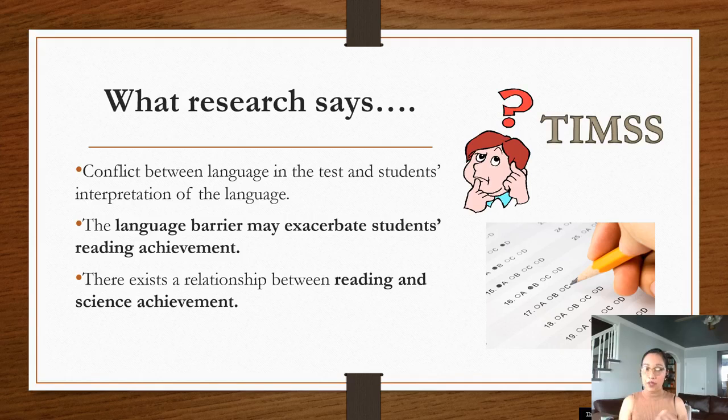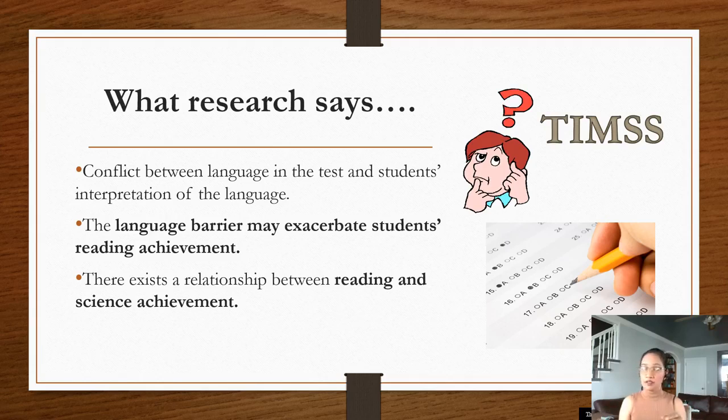And it is okay, because what I'm thinking is that it could be, going back to this research that says there's a conflict between the language in the test and the student's interpretation of the language, it could be how the test questions were worded.